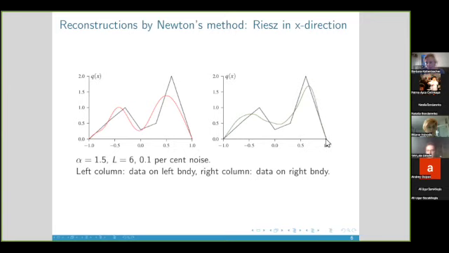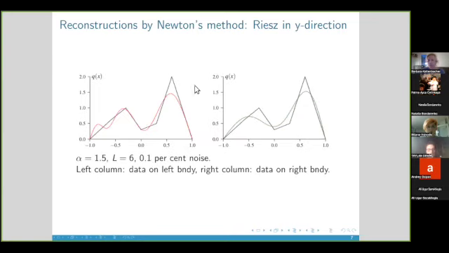So here we measure at the right-hand endpoint, and so we can recover this feature better. Here we measure at the left-hand endpoint, so we get a better reconstruction of this feature over here. So the memory effect does not make a difference here because the derivative is symmetric. It combines memory from both endpoints. So these are reconstructions with 0.1% noise.